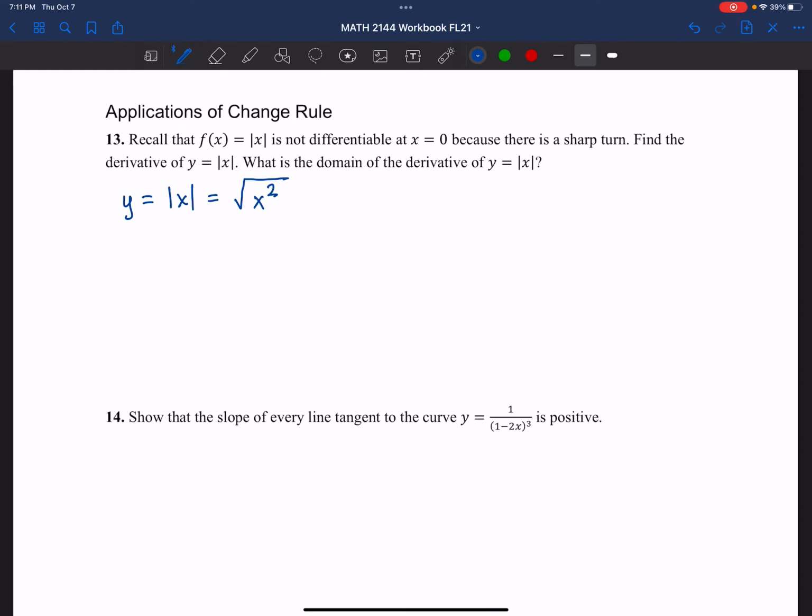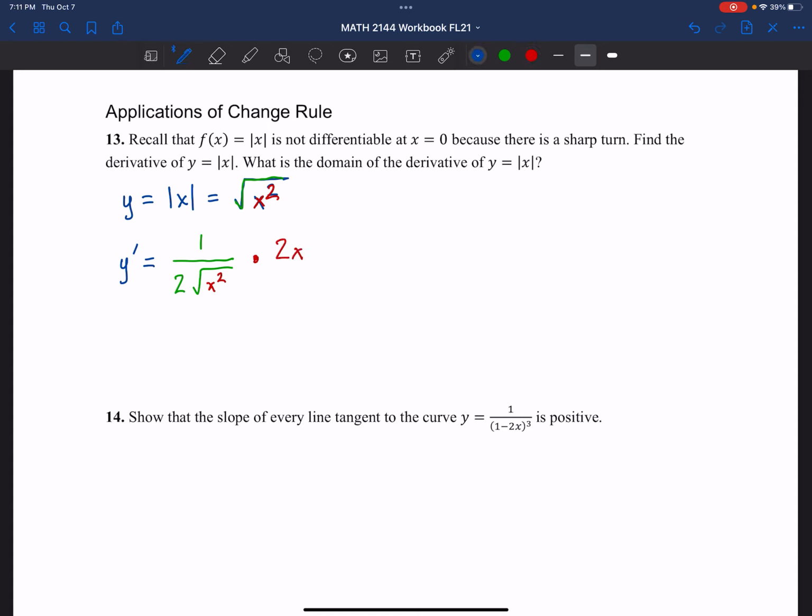But now you can take the derivative of this using the chain rule, where the square root is acting as your outer function and x squared as your inner. So to go over that briefly, y prime would then be the outer, whose derivative would be 1 over 2 square root of x, but we're going to leave the inside alone, and then multiply it by 2x, the derivative of the inner.